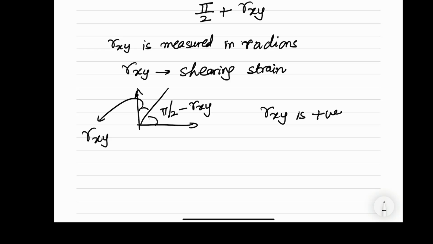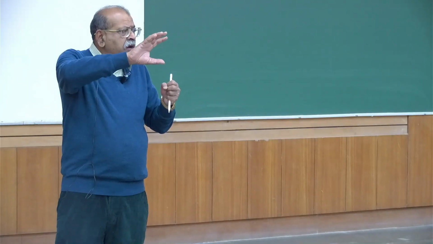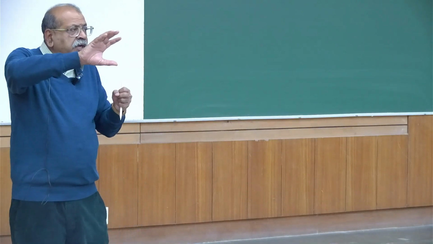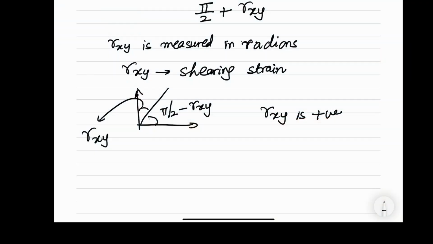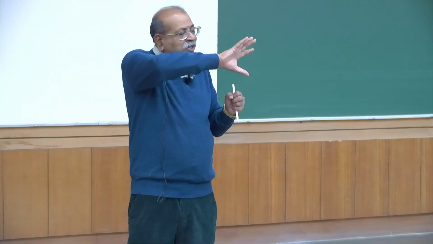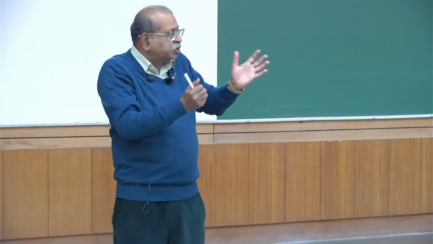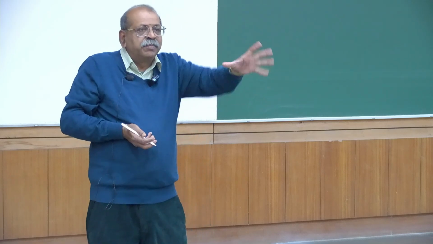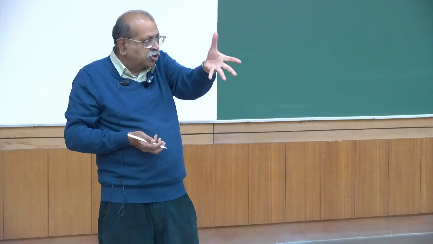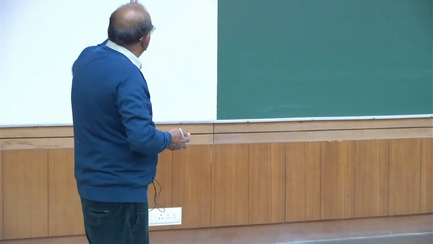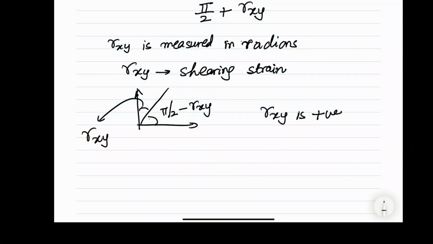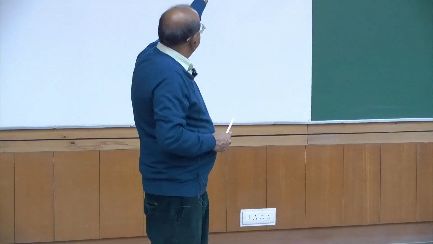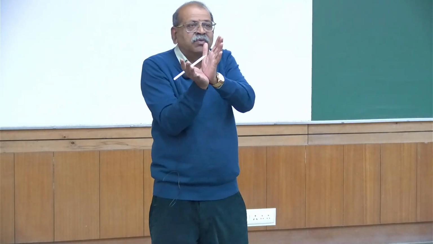Now, once again, as we have in the previous case, we are only counting the deformation. The element may also rotate. The rotation is not counted here. What is counted is only the deformation which is taking place. As a rigid body, the whole element may also rotate because of the force, so that rotation is not included. And this gamma xy is considered positive when in the positive xy axis there is a reduction of the angle.